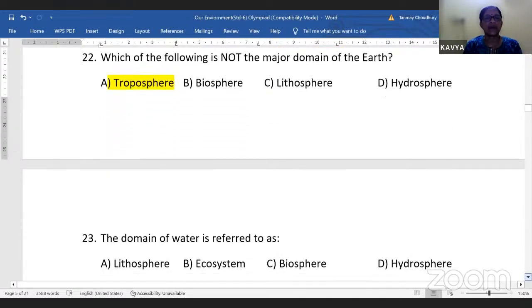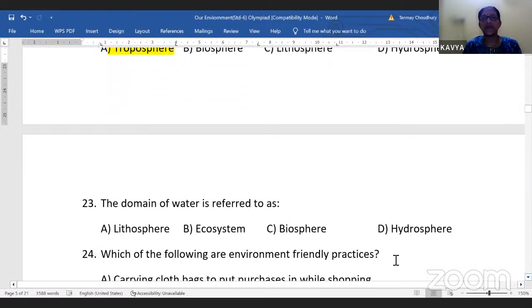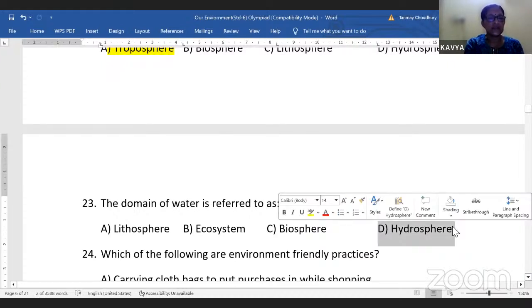Next. The domain of water is referred to as hydrosphere. So wherever there's that layer of water is the hydrosphere.